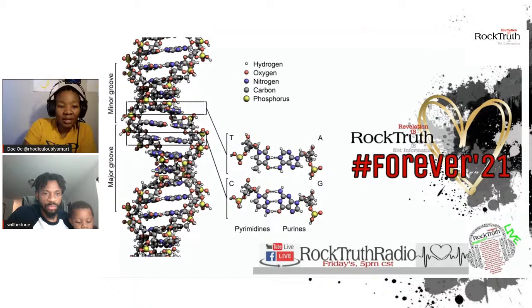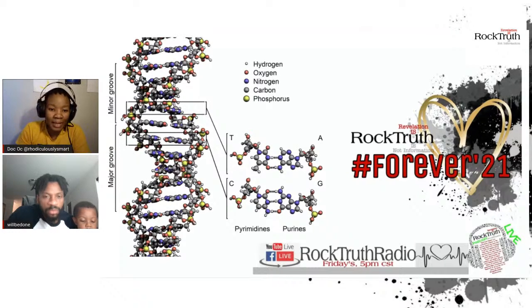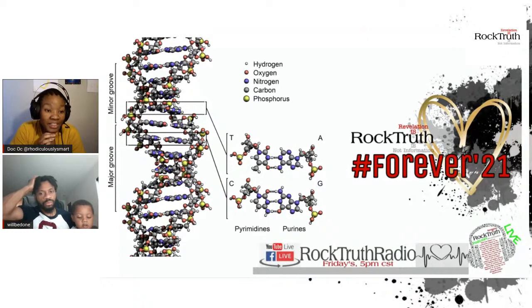And phosphorus, as you can see, is a part of the DNA chain backbone. So the little yellow balls on the end, that's phosphorus making this nice little connection to oxygen and phosphate molecules. So that's why phosphates are important.